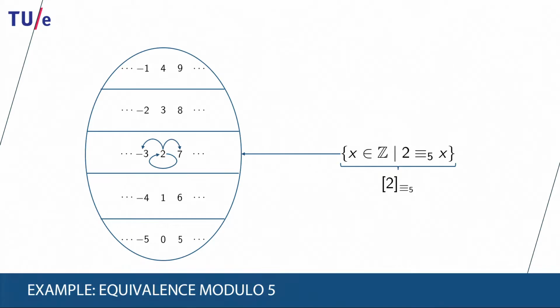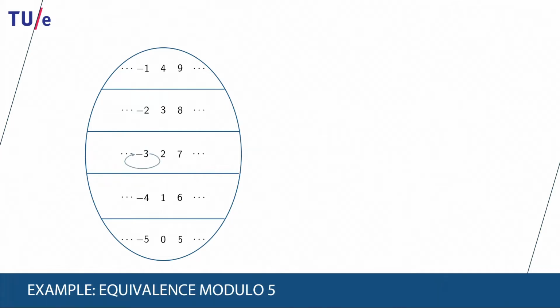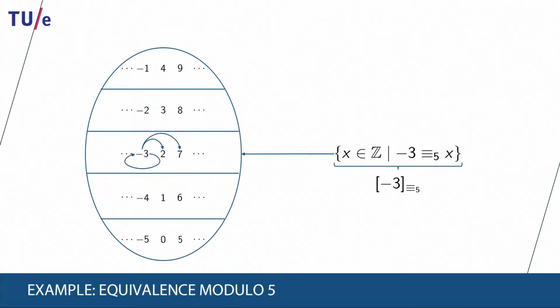It is convenient to introduce special notation for the set of all integers equivalent to 2 modulo 5. Note that we also have that modulo 5, -3 is equivalent to itself, to 2, and to 7, and in fact to all other integers that are equivalent to 2 modulo 5. The set of all integers equivalent to -3 modulo 5 is exactly the same set as the set of all integers equivalent to 2 modulo 5.